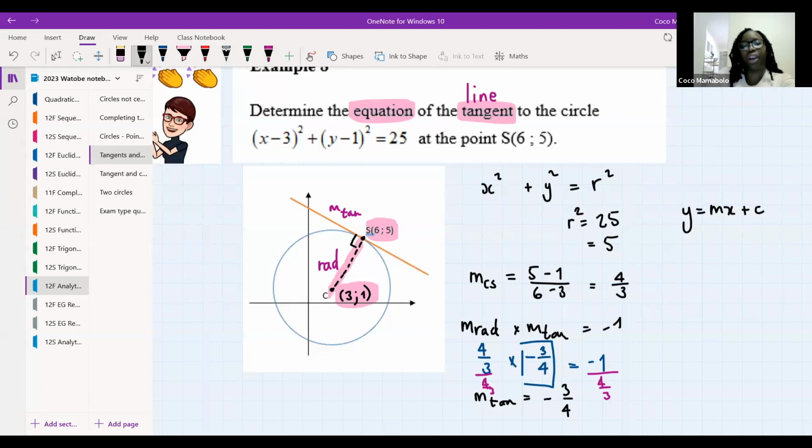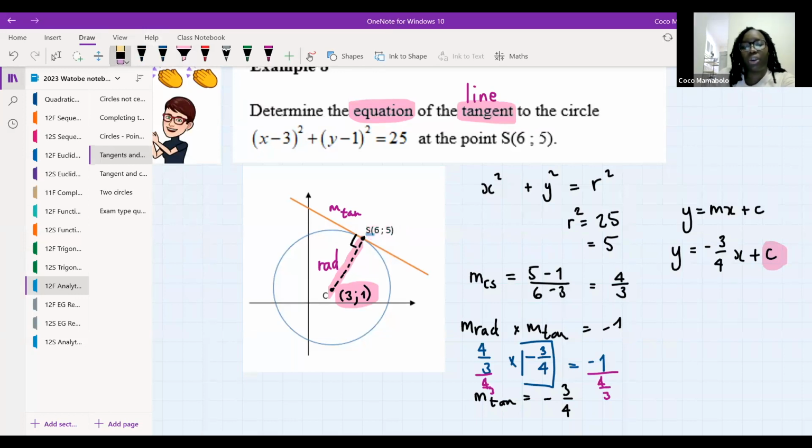Okay, now we've got our gradient. We know that our gradient is -3 over 4, so we can replace that. Y is equal to -3 over 4 x plus c. Okay, we need to find c, guys. We need to find the intercept. Now, I need us to be very careful.